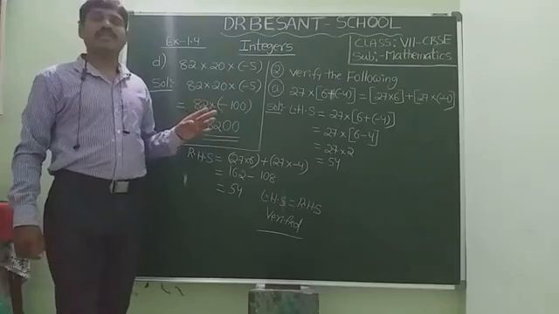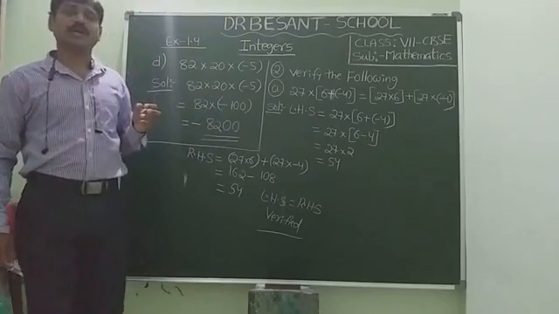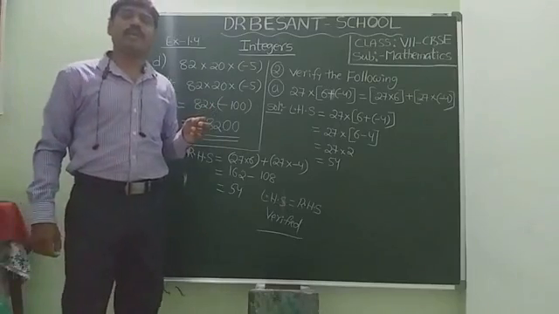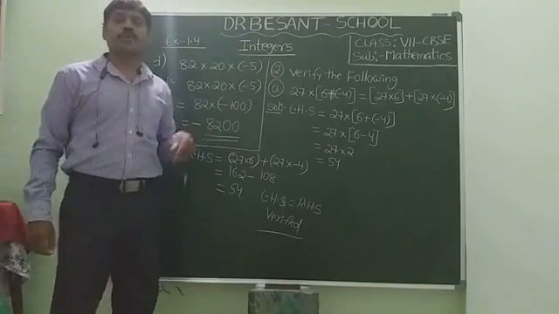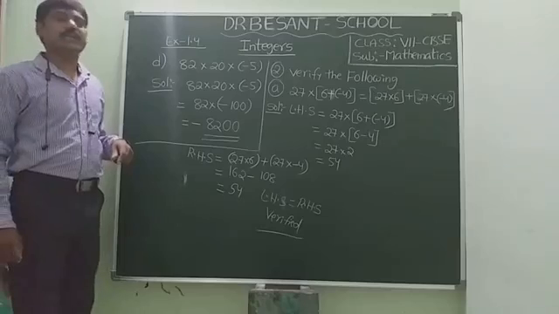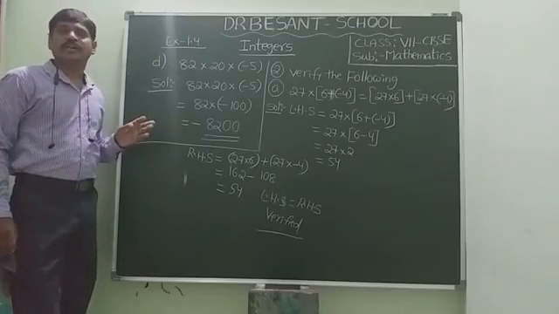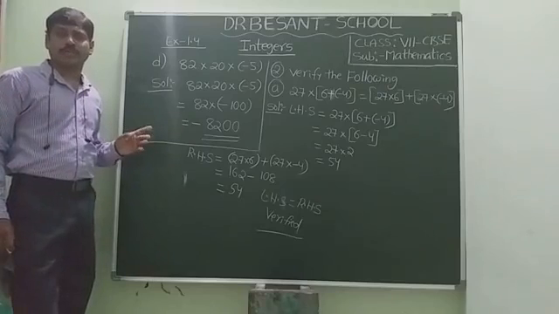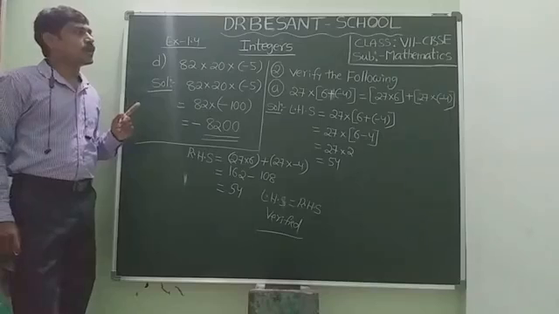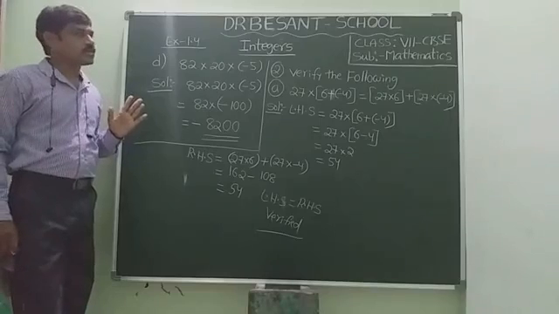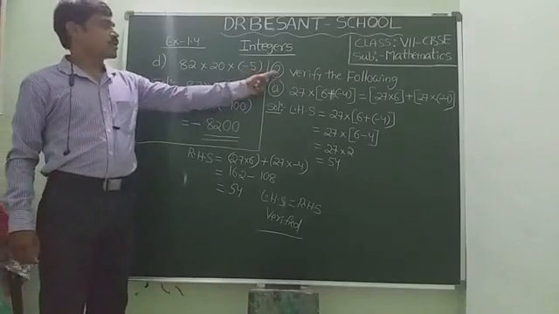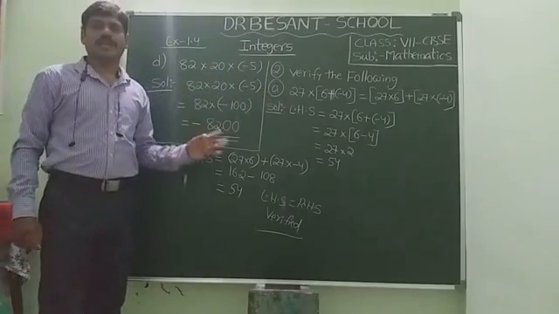In the last class we discussed the distributive property of multiplication over addition and over subtraction. So in this question we have used the distributive property of multiplication over addition. Clear, children? So this is the solution of the second question, A. Children, note down.